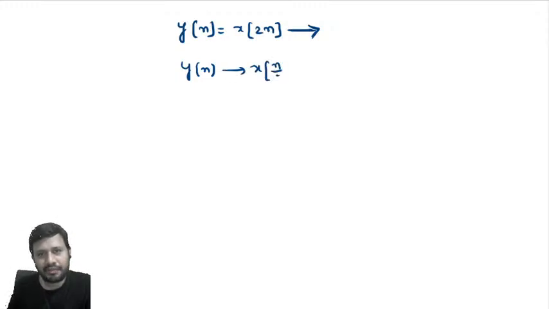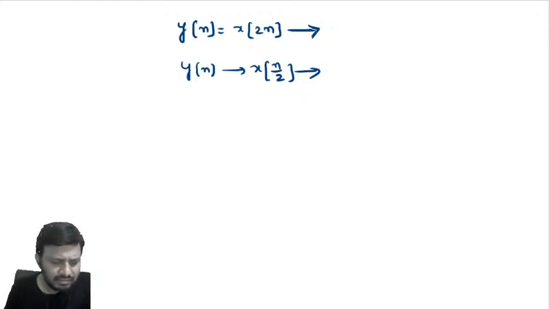I told you one basic principle also. Time scaling is time variant if the scaling factor is not equal to 1. So it is time variant. Yes, it is time varying. Time varying or shift varying are same, right?